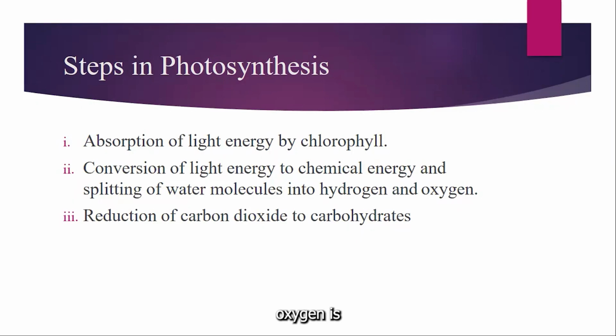Here, oxygen is a byproduct and is released by the plants. And the next one is the reduction of carbon dioxide to carbohydrates. Carbohydrate is the source of energy for plants. Now, it is not necessary that all these three processes in photosynthesis take place one after the other.